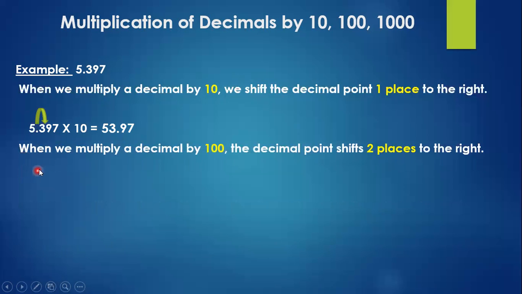Or when we multiply a decimal by 100, the decimal point shifts two places to the right. So 5.397 multiplied by 100. In multiplication, we have to move towards the right. How many places? 100 has two 0s.